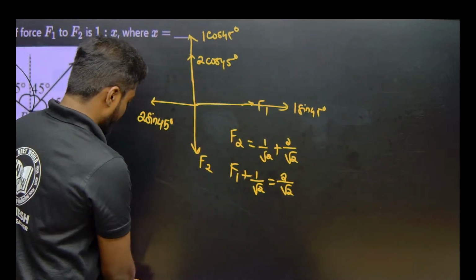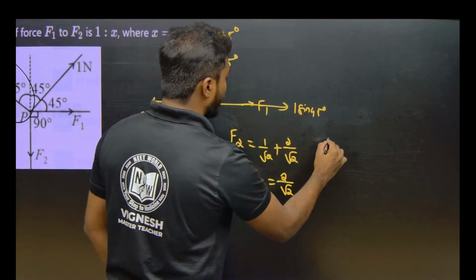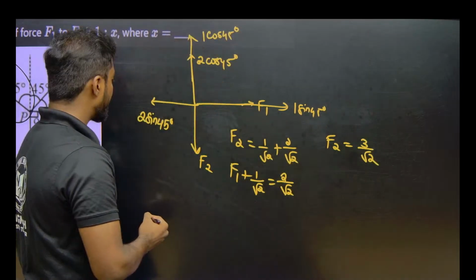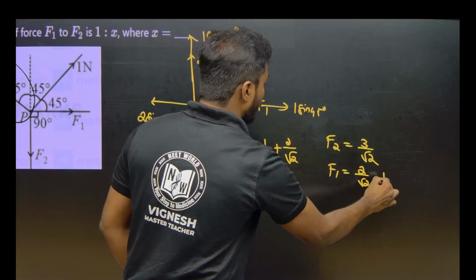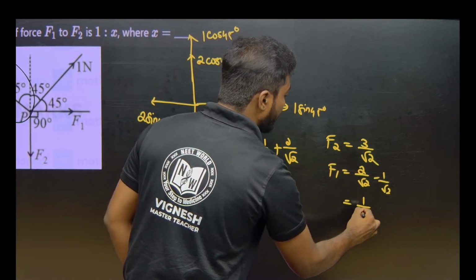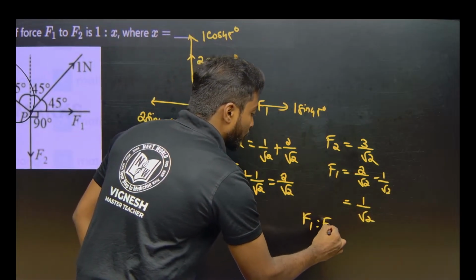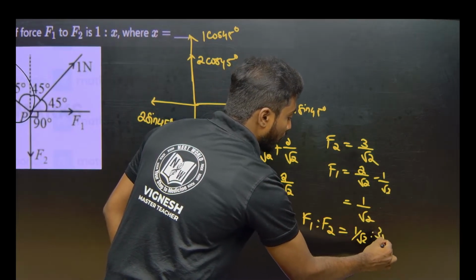So here, first thing I need to calculate. F2 equals 3 by root 2. And F1 equals 2 by root 2 minus 1 by root 2, which is nothing but 1 by root 2. So F1 is to F2 equals 1 by root 2 is to 3 by root 2.